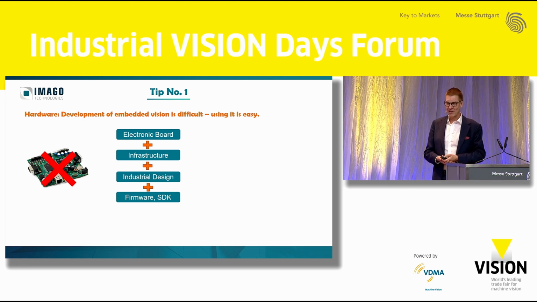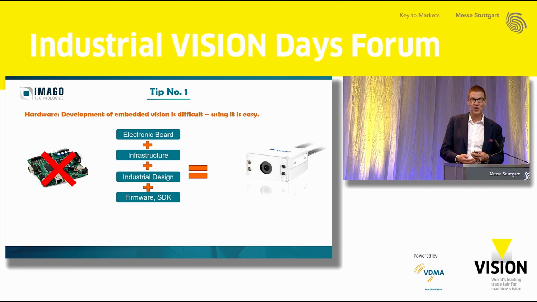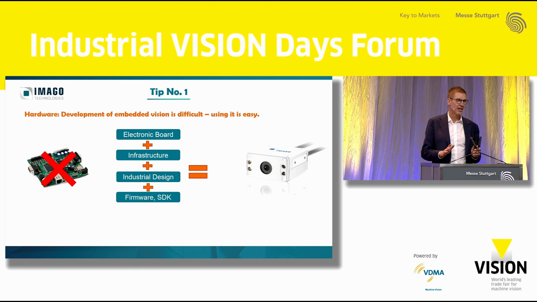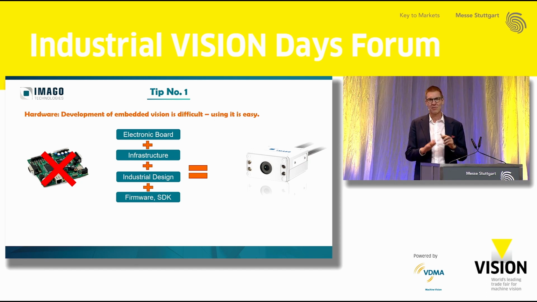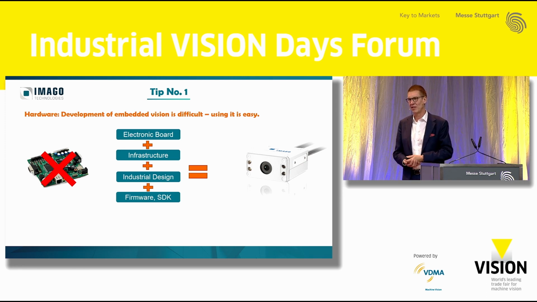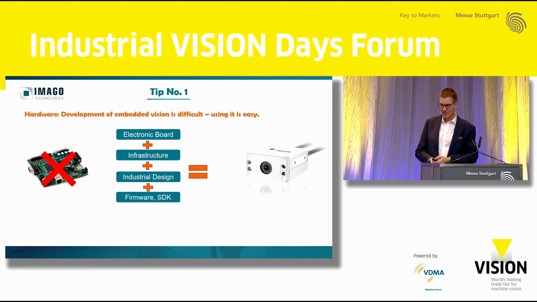So that is the difference, and sorry for that example, it's coming from IMAGO, but please take a look into the market. There are many different solutions, many different ideas. Compare a basic electronic board for the laboratory and a professional industrial device.